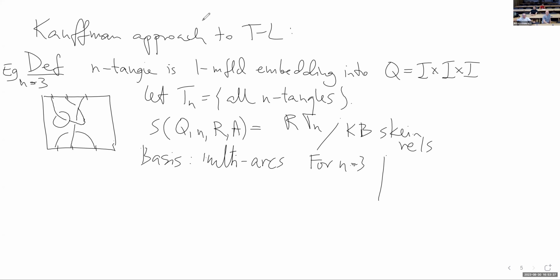And by an arc, you mean something that starts and ends on the same side of your rectangle? No, like this one. Could be. Well, clearly you cannot have only those, because it's an odd number of top ends. How many multi-arcs are there? Good question. Is it n squared?